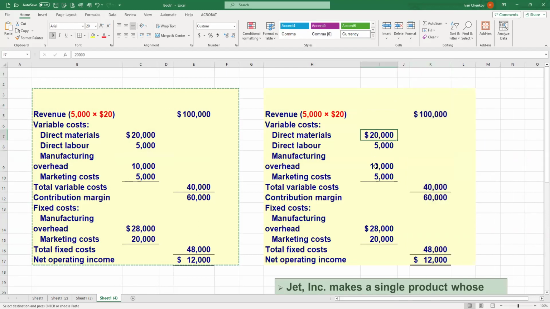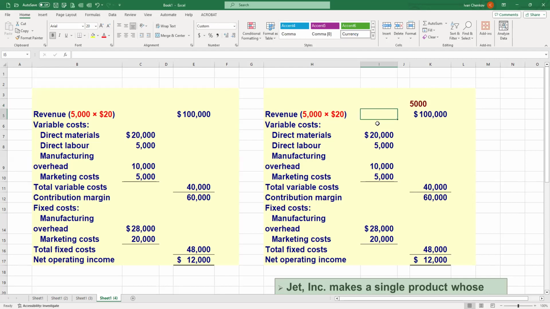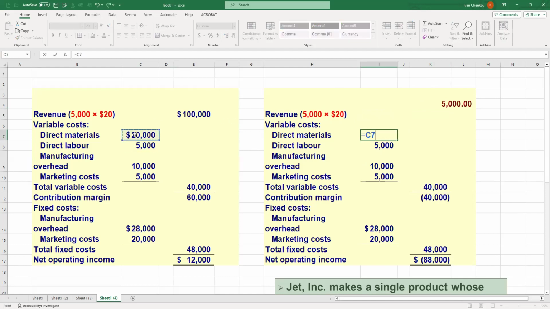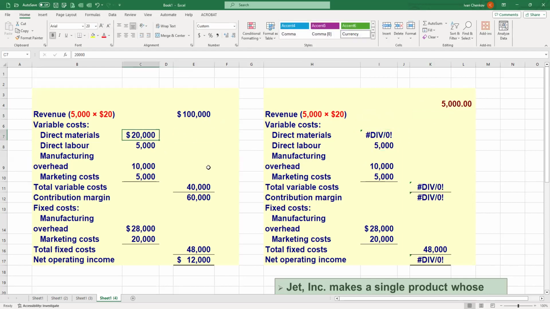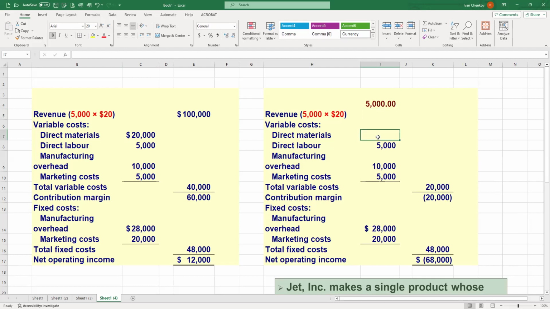How much is direct material per 1 unit? $4. How do we get it? We're producing 5,000 units, remember? So $20,000 is the total cost. The 20,000 divided by 5,000 units gives us $4 per unit.